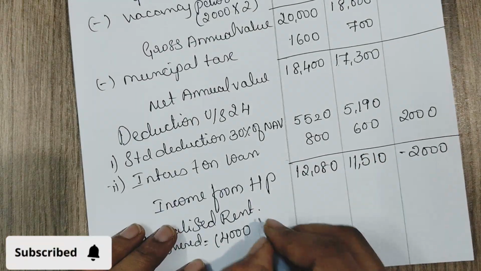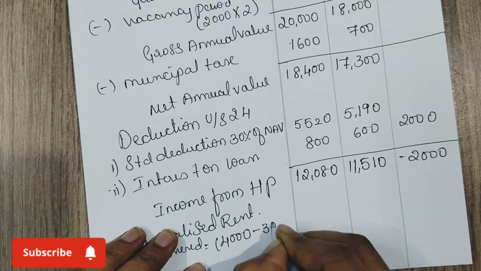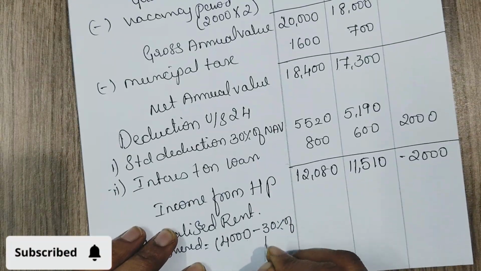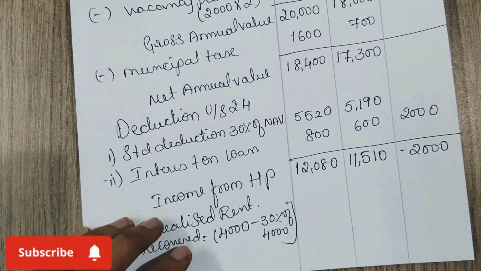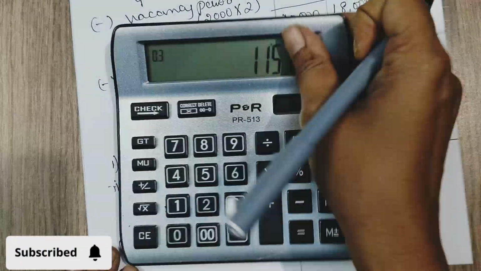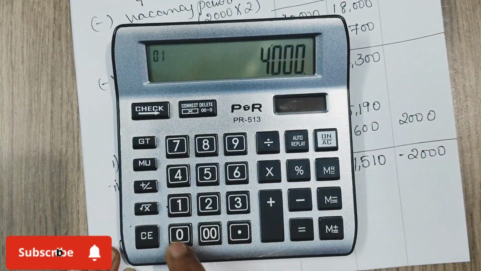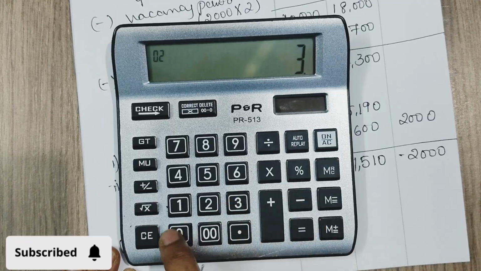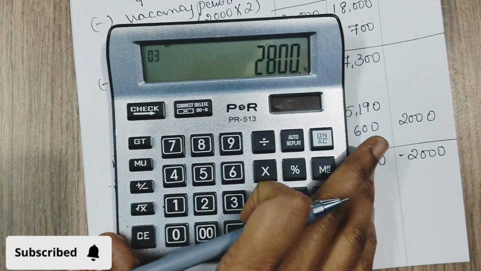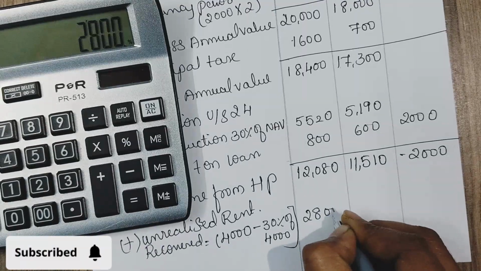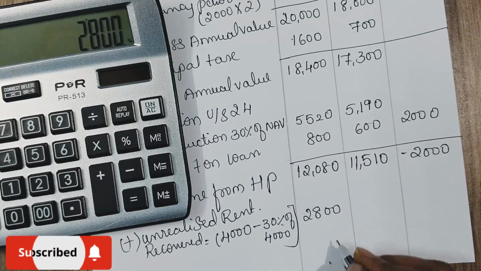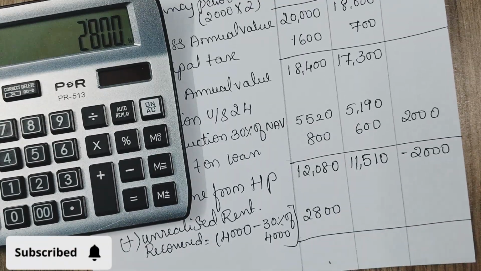On this, minus 30% of recovered amount. 30% of recovered amount should be deducted. 4,000 minus 30% is 2,800 we will get. If we minus 30%, 2,800 should be added.